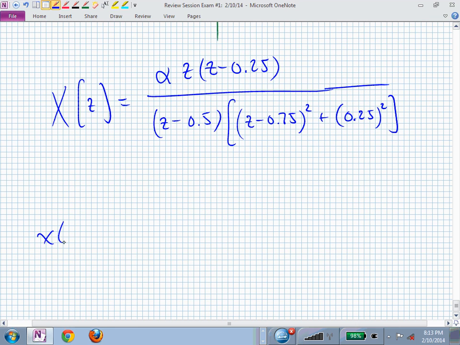Now I know that x of n is, let's say, alpha 1, 1/2. That was one of my poles, wasn't it? And now I have the other pieces. I don't know how much I have of the cosine or the sine. They both could be there, so I'm just going to include them. But I now know that they decay with 0.709. That's my radius.